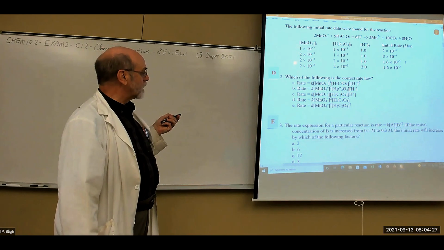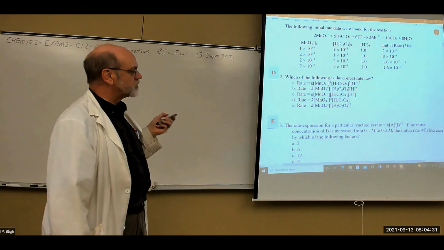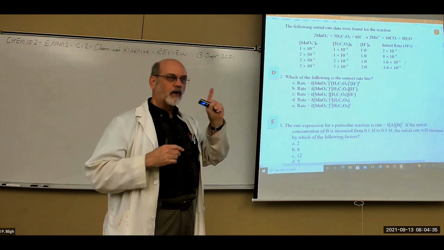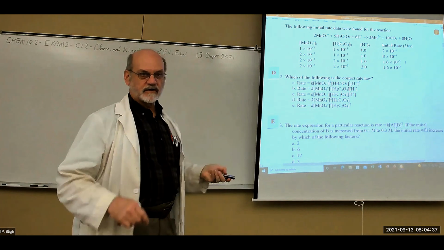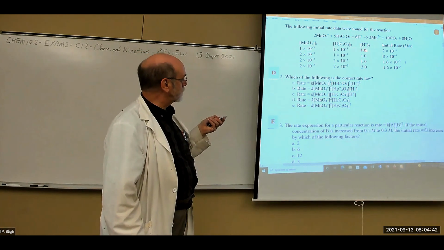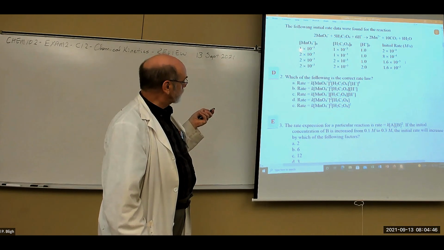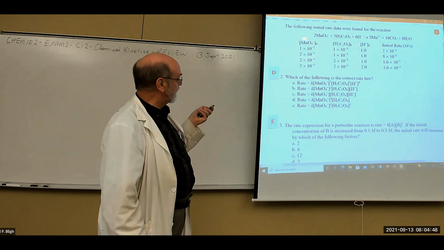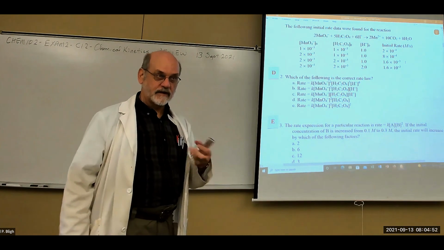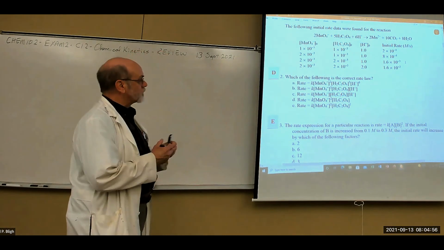The reason these changes are made is so that you can compare two experiments where only one of the concentrations varies. If you skip to this one, the only one that changed is the manganate ion, and it produced a difference in rate. So we use that to determine the rate law.